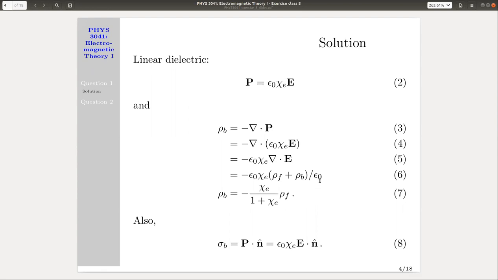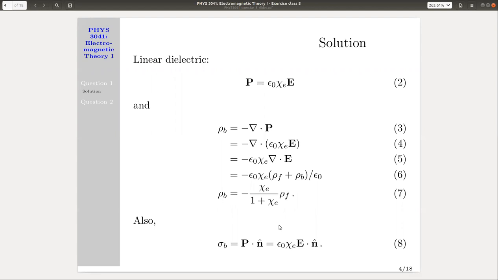And then the relationship between the bound volume charge density and the free charge density: they are proportional to each other and related by this proportionality constant, which is minus chi e over 1 plus chi e.